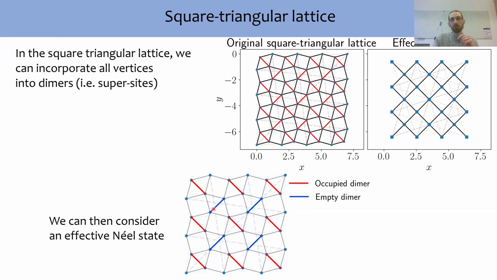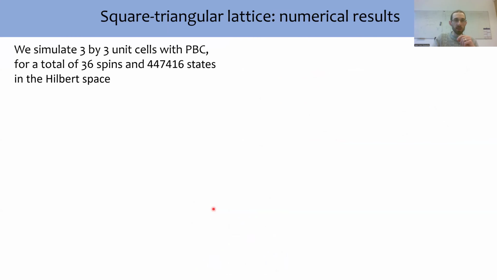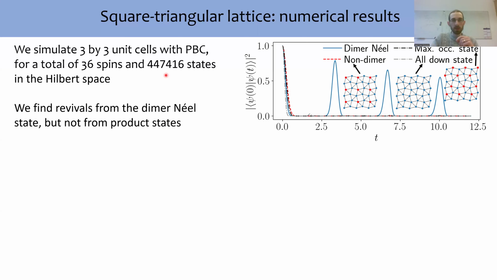And well, of course, this is a bit more tricky to simulate, but we can still do ED with a relatively large system with 36 spins and 400,000 states in the Hilbert space. So the finite size effects are not that strong. And we find the same as in 1D, meaning our dimer Néel state that I showed you on the slide before shows extremely clean revivals. Meanwhile, all the product states that we try directly thermalize.